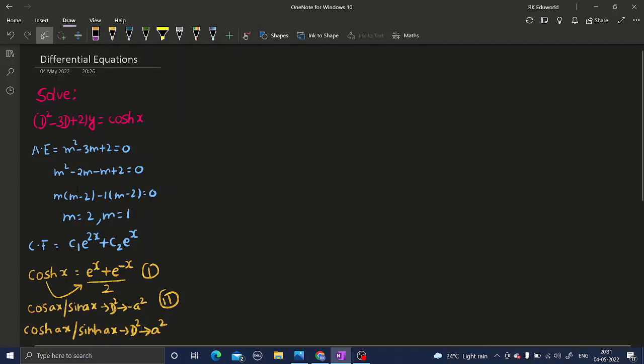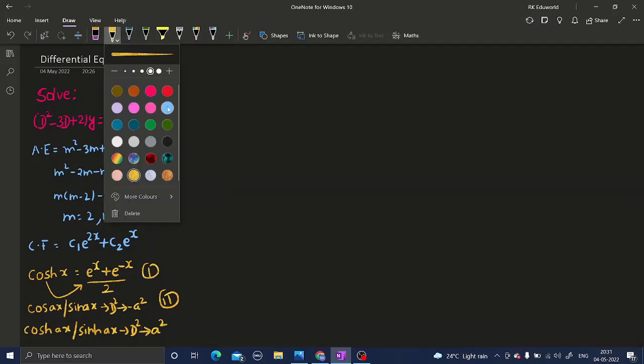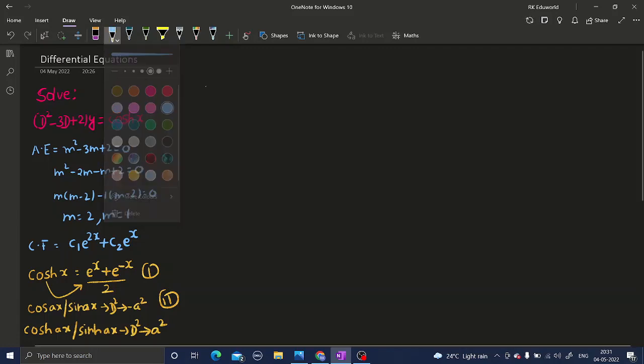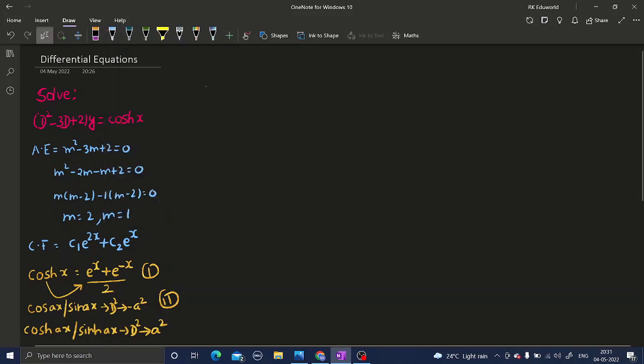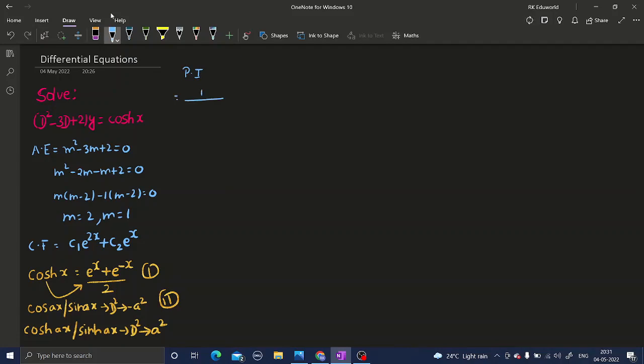I will go with the first one because ultimately I need to convert that into e power x form. So for that, the first method looks better to me. So for the particular integral, I can write 1 upon f of D, which is D square minus 3D plus 2, operating on hyperbolic cos of x.